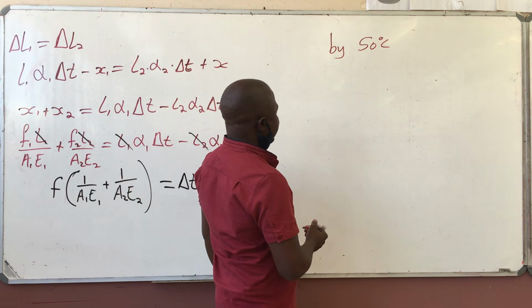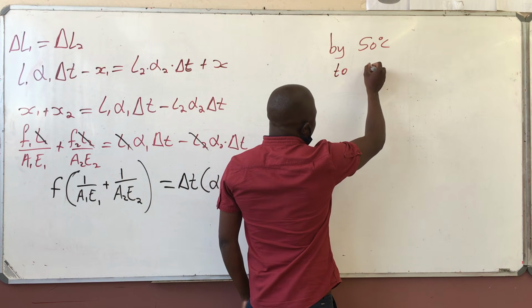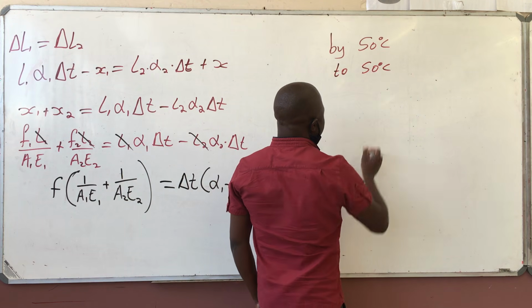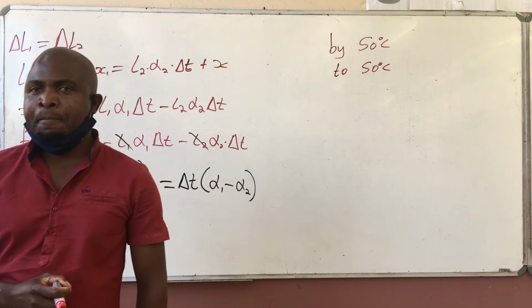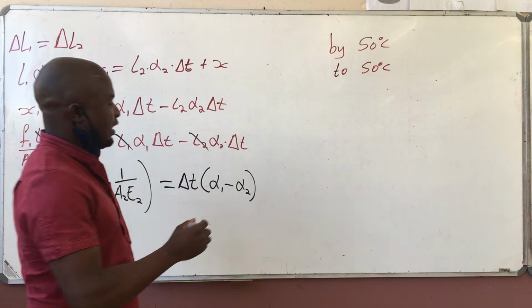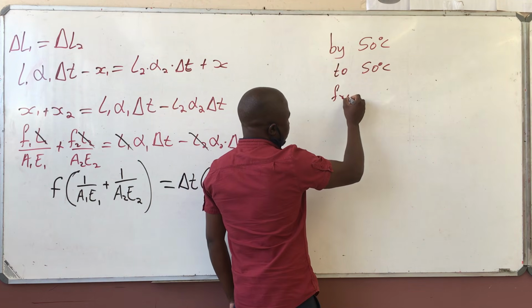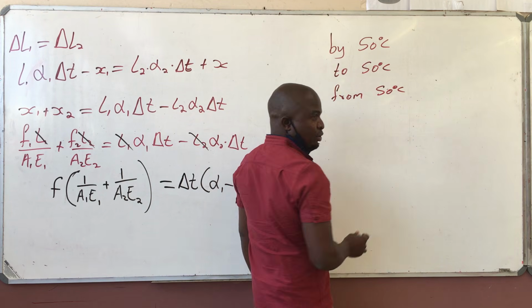If they say the temperature changed to 50, is that 50 the change in temperature? It's a final temperature. If they say it has changed from 50, is this the change in temperature?